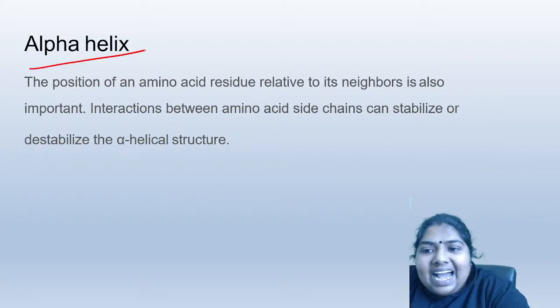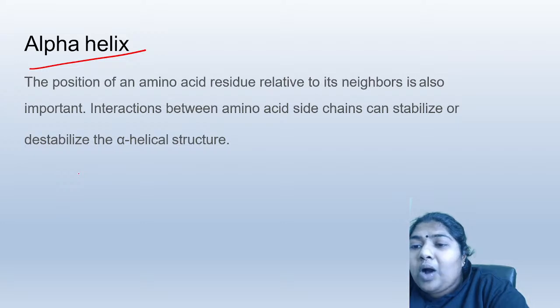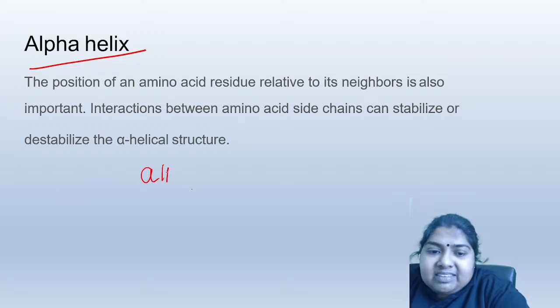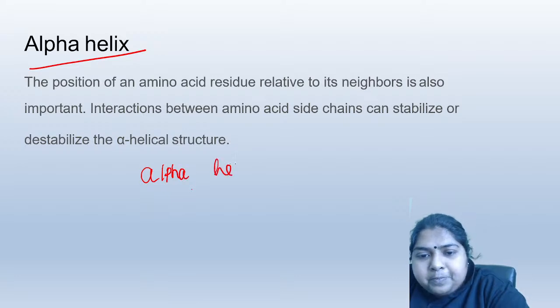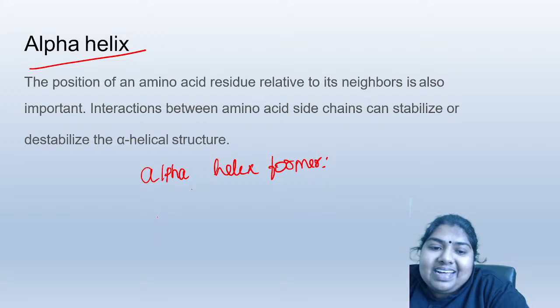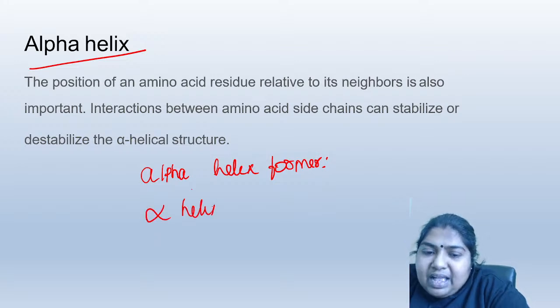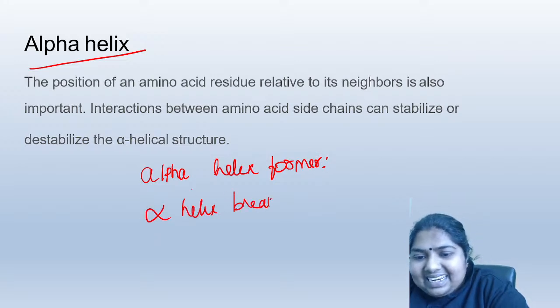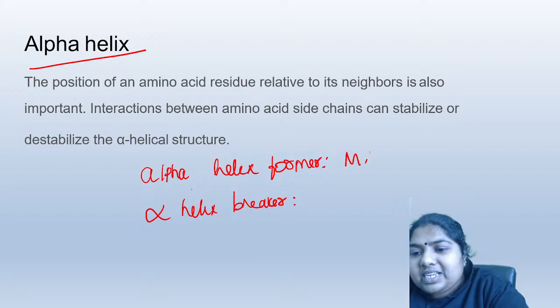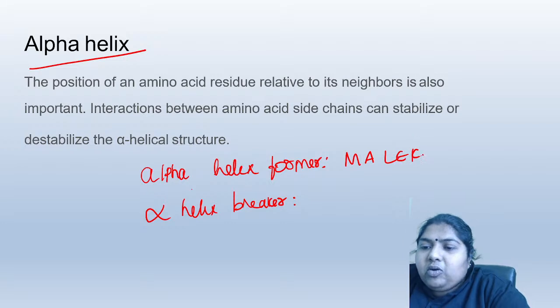So if you take the alpha helix, this alpha helix is very important, and there are a few amino acids which serve as alpha helix formers, and a few residues which serve as alpha helix breakers. The alpha helix formers are MALEK, or you can call it MARLEK also, fine.